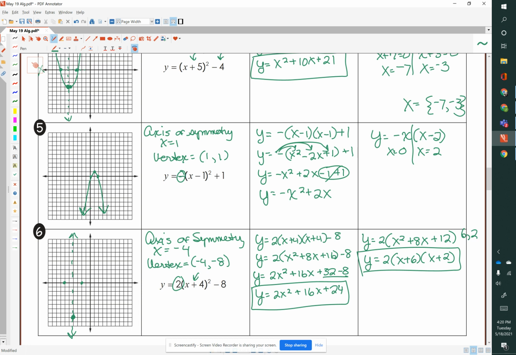And we can see already from the points that we've made that it has been stretched by this factor of 2. So it's going to be a kind of long, skinny quadratic. And you'll see when you connect your dots with a smooth line.